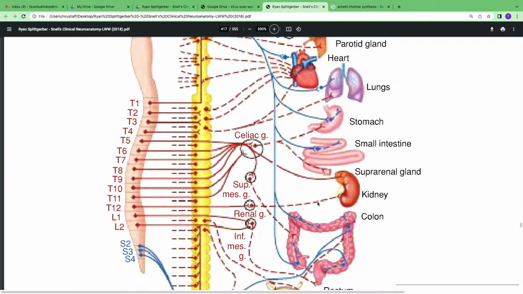So they are going to the spinal cord and brain, and they are going in the same direction and the same way as our somatic afferent fibers. They are even located together. Questions regarding that?